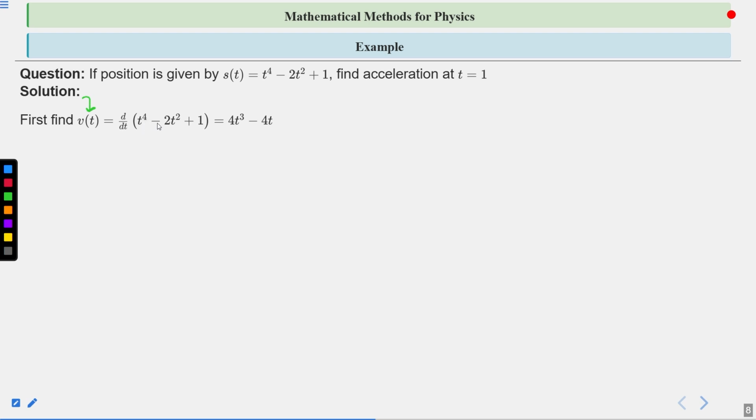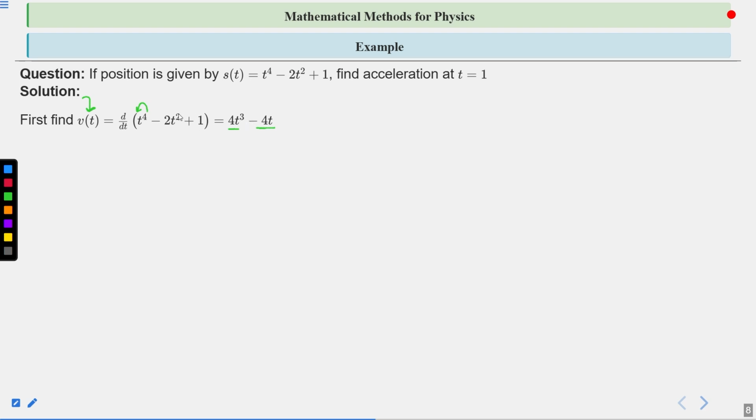So t raised to the power 4 minus 2t square plus 1. The derivative of position with respect to time is 4t cube minus 4t. So the power comes outside, so it will be 4 and minus 1 from the power, so it will be t cube.